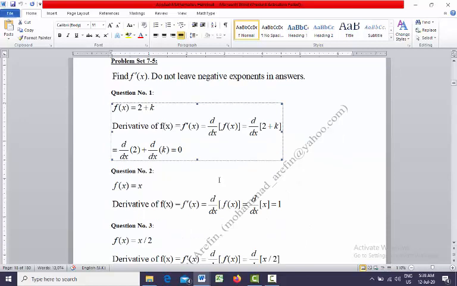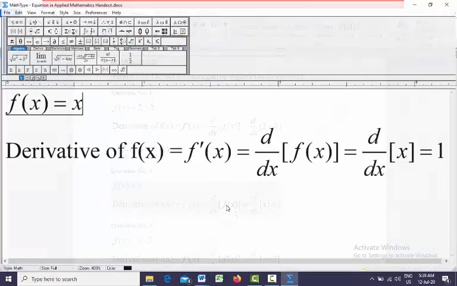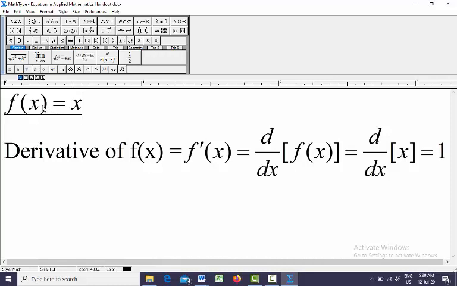Let's move to the next one then. Question number 2. Here the variable is x, and the function of x is x. You need to find the derivative of f(x), which means you need to do differentiation of the function of x.